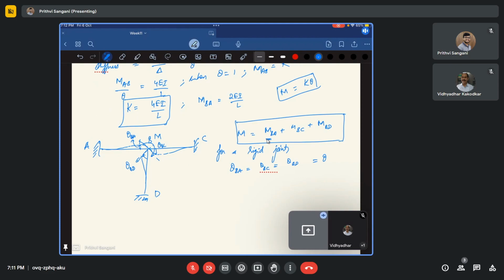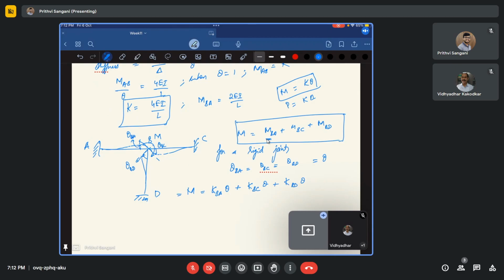It is like P equals k times delta. Similarly, M is equal to stiffness of BA times theta, and theta BA is already theta, so I'm just writing theta, plus stiffness of BC times theta plus K BD times theta.